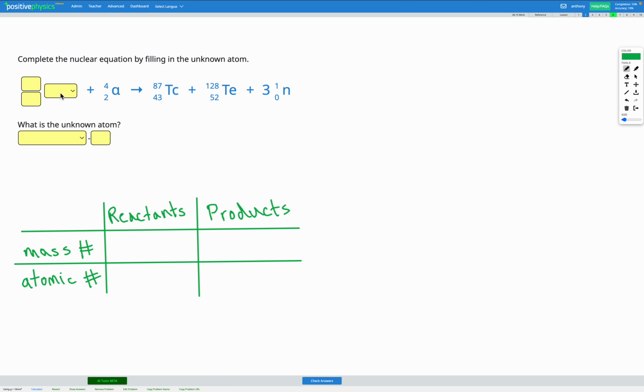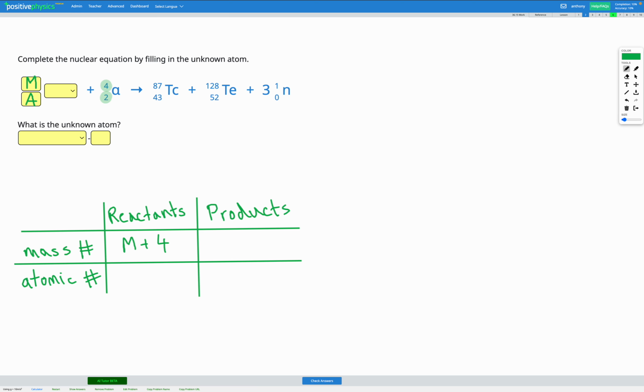So in this nuclear equation, we start with our unknown nucleus. So I'm going to again call it M for the mass number and A for the atomic number. And then we're adding our alpha particle, which has 4 for the mass number and 2 for the atomic number. So in our reactants, we have M plus 4.